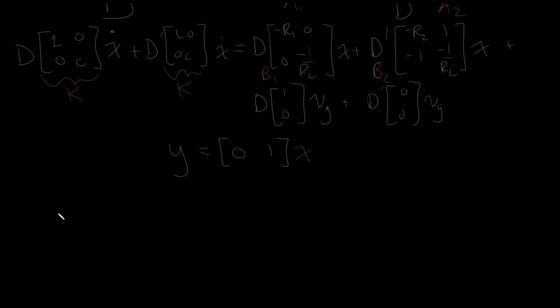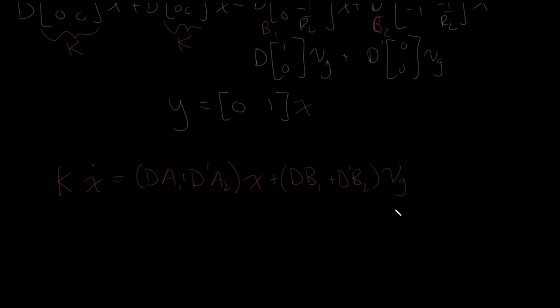So if we write this all out, what do we get? Well, d plus d prime is 1. So we get K times x dot is equal to d times A1 plus d prime times A2, times x, plus d times B1 plus d prime times B2, times, in this case, VG. And then we can rename this.